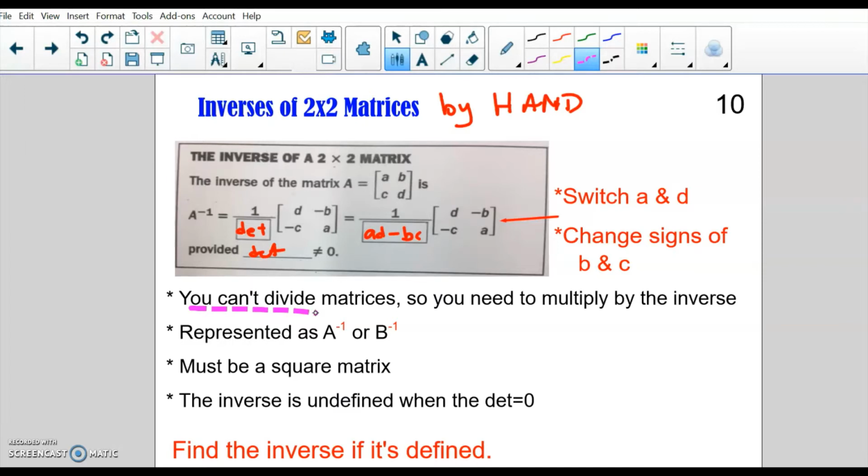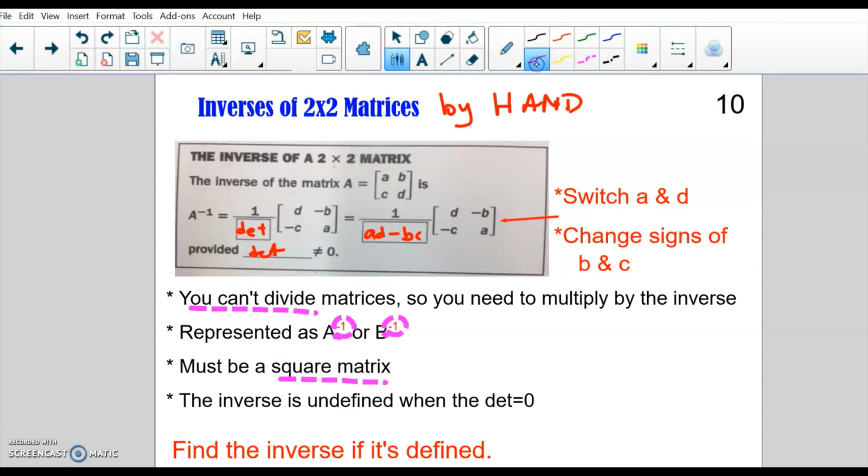The symbol for a matrix inverse is the -1 exponent. Sorry, I said that wrong. The -1 exponent is the symbol for the inverse of a matrix. And the matrix, in order to have an inverse, must be a square matrix.